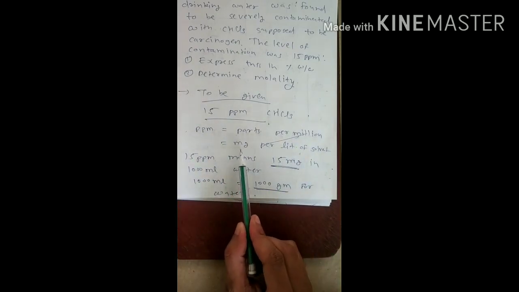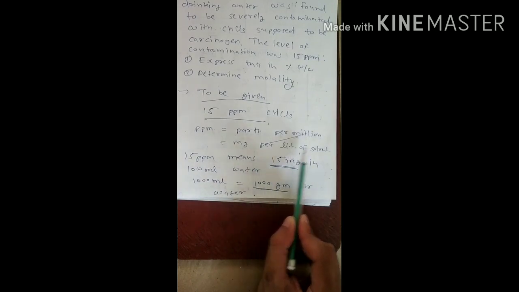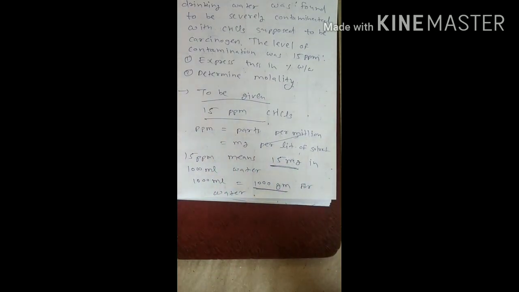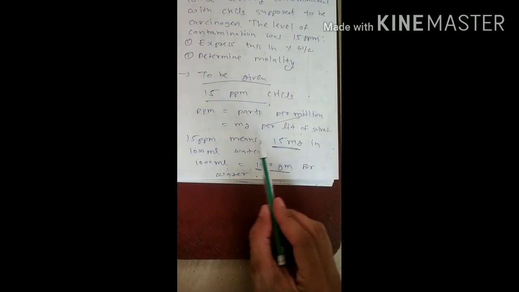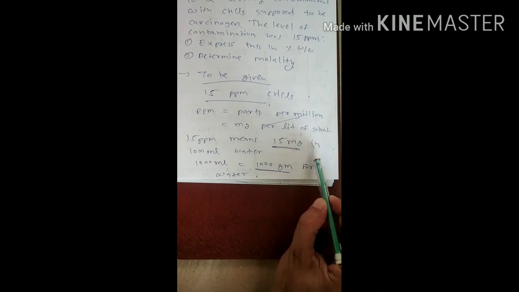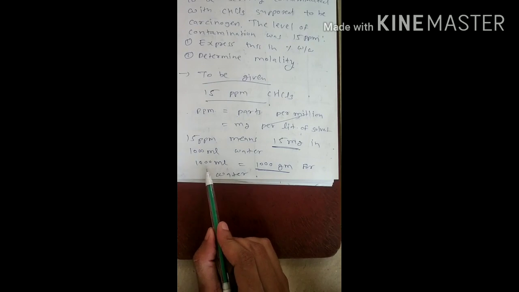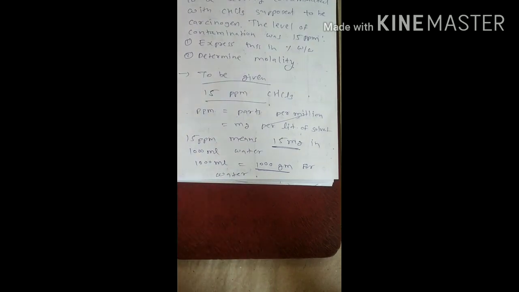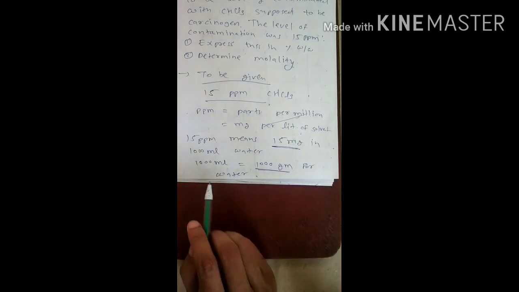Remember this very carefully: milligram per liter, ppm. So 15 ppm means 15 milligrams in 1000 ml of water. Now the density of water is 1, so you can take 1000 ml equal to 1000 gram.